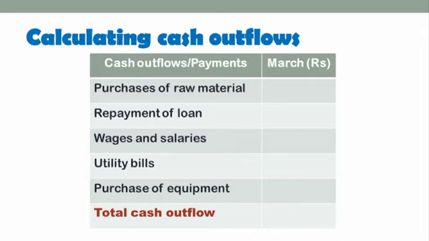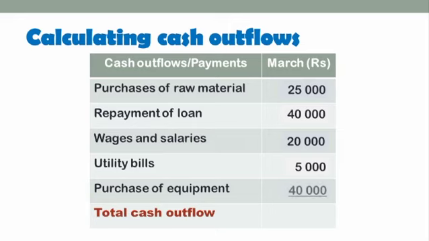So for purchases of raw material, it will be 25,000 rupees plus repayment of loan 40,000 rupees plus wages and salaries 20,000 rupees plus utility bills 5,000 rupees plus purchase of equipment 40,000 rupees, which will give us a total cash outflow of 130,000 rupees.